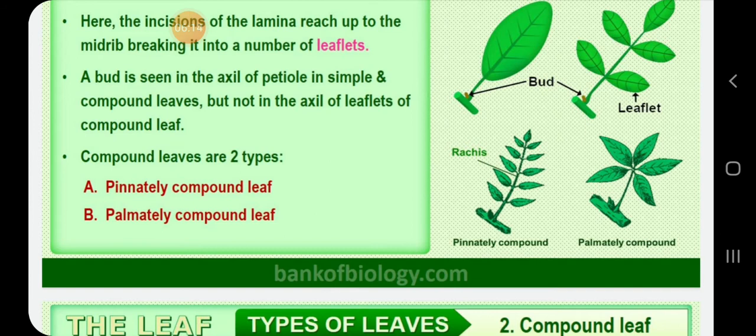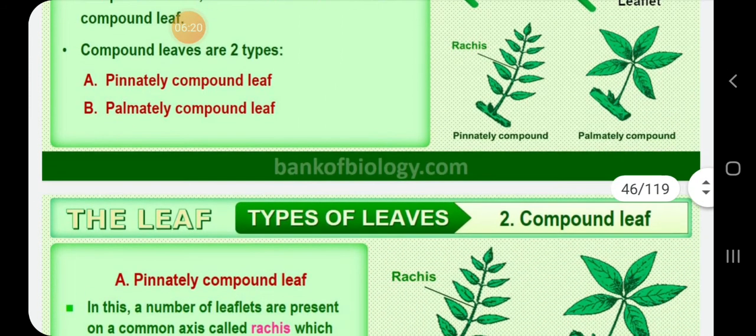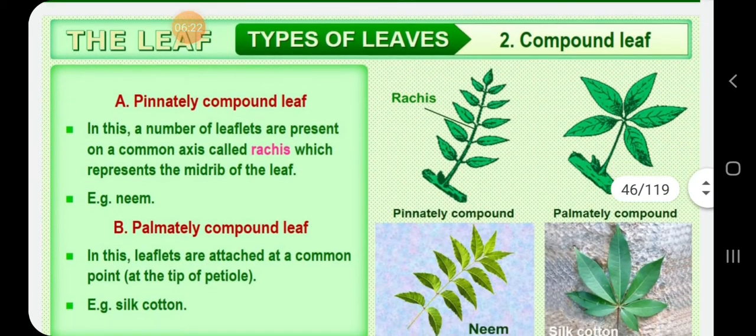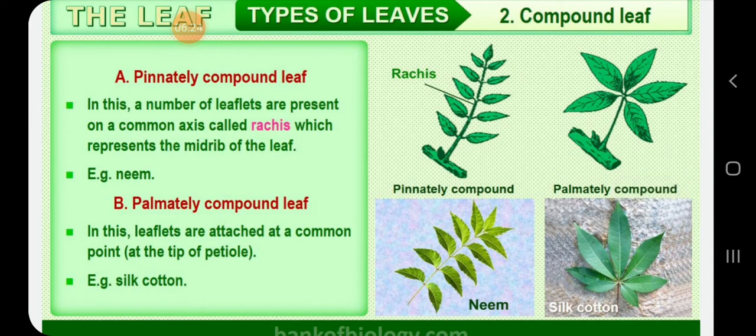And compound leaves are again of two types: pinnately compound leaves and palmately compound leaves. Now pinnately compound leaves, a number of leaflets are present on a common axis, and this common axis is known as rachis. For example, you can see in neem or curry patta leaf.